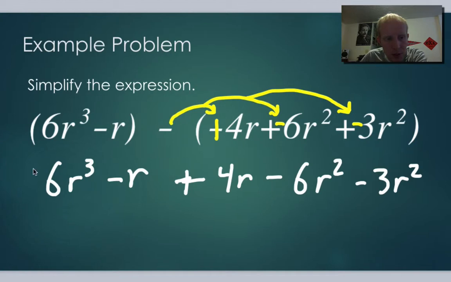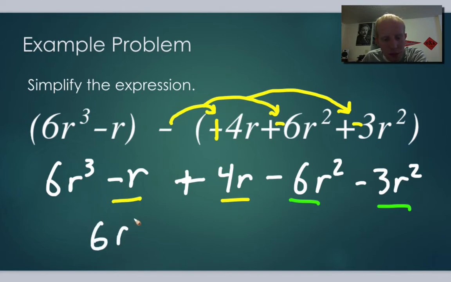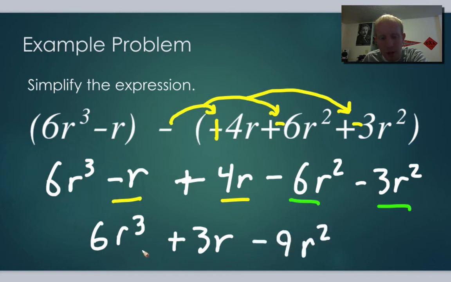It looks like this r and that r are like terms, and this 6r squared and that 3r squared are like terms. So we're going to get 6r cubed. That minus r and 4r are going to give us 3r. And this 6r squared and this minus 3r squared are going to give us minus 9r squared. Okay? So there we go.